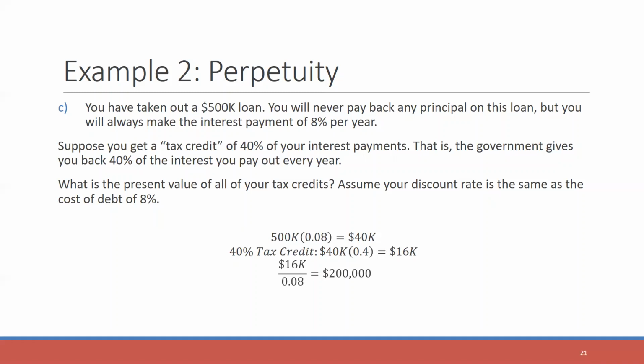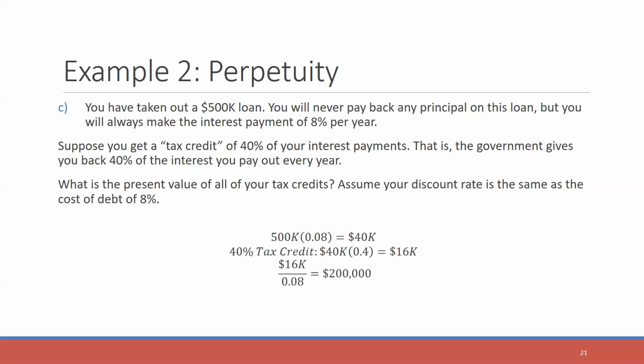Now, here's the part that might surprise you. That 16K, that's our annual tax write-off. Now, if we're assuming that we'll be writing this off forever, then we're going to do the perpetuity formula. So we take our 16K and we divide it by 0.08. And what do we find?